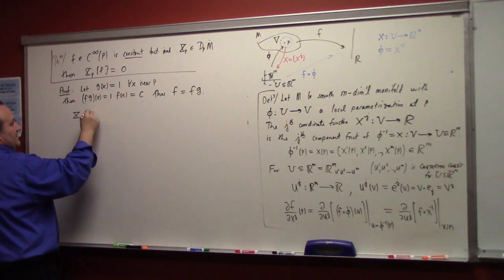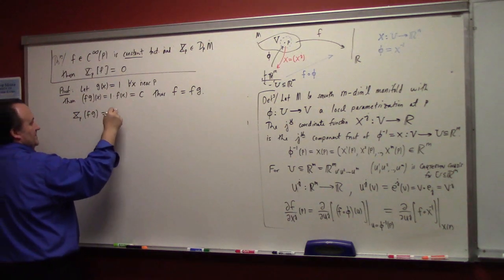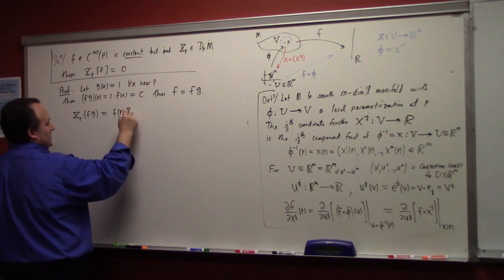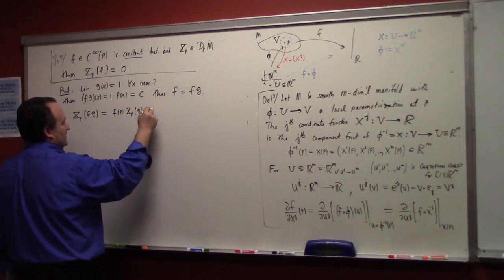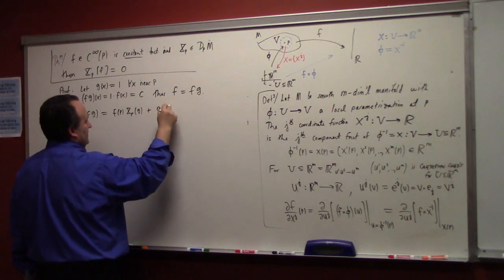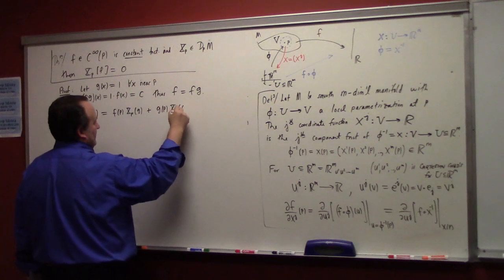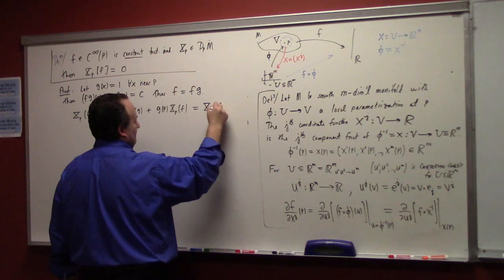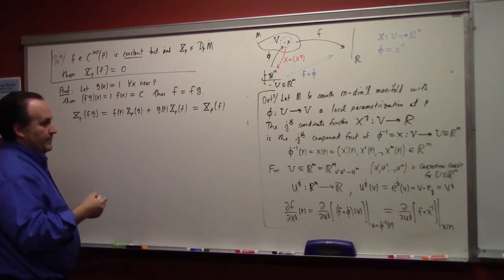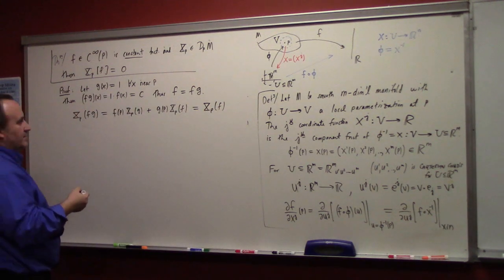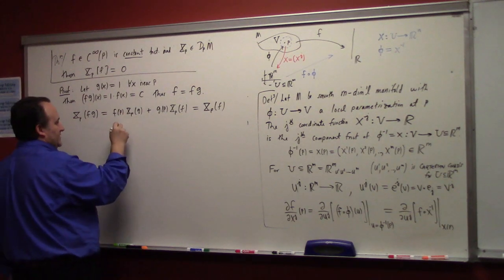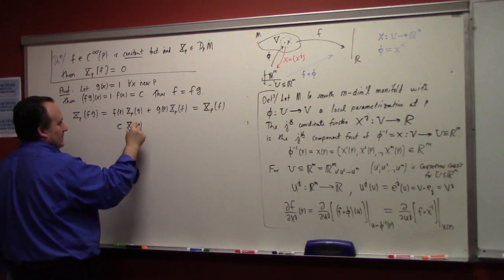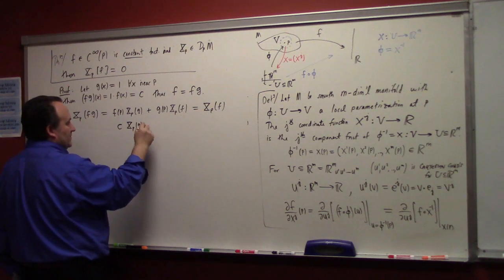So if we look at this, it's f of p Xp of g plus g of p Xp of f. But that's all equal to what? Xp of f. But what goes on here? f of p is a constant, and g of p is 1.